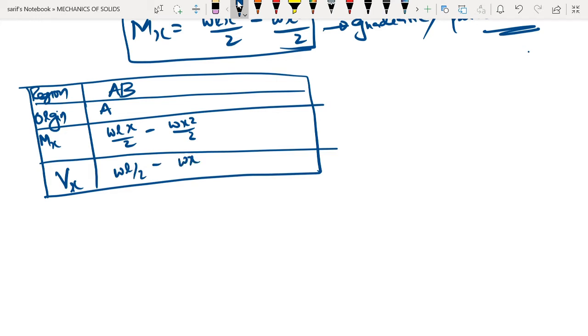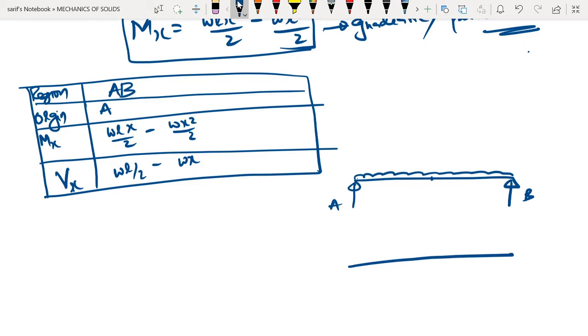Now what we have to do is draw the shear force and the bending moment diagram. So this is our loading, this is A and this is B. Let us draw the shear force diagram first.